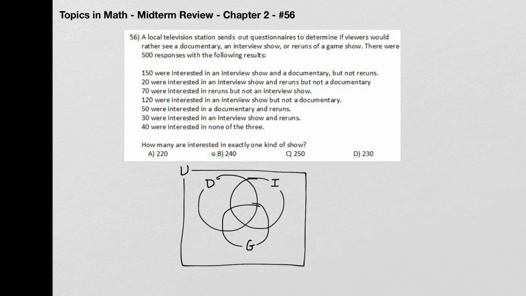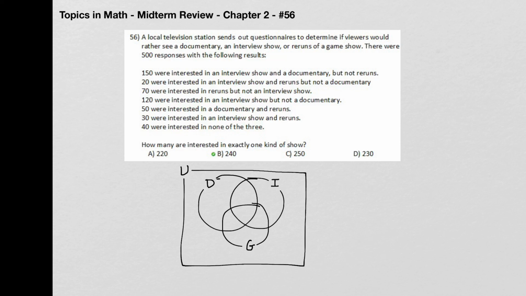So we will start with what is in the overlap of all three, if that is given. So let's see. I haven't read this problem yet. Let's take a look. Okay, in this problem, it doesn't tell you how many people are in documentary, interview, and game show circles. So we can't start at the center, although that's usually the easiest strategy.